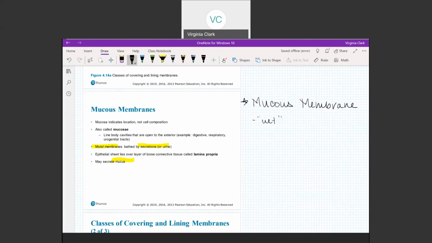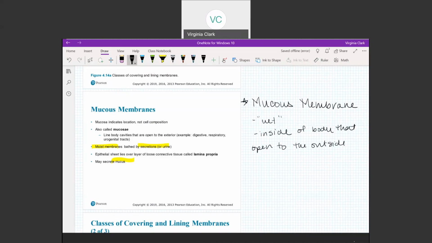These will actually line the inside of our body that open to the outside. So like our digestive tract is inside our body but has openings to the exterior environment. Our respiratory tract, also our urogenital tract, will have those.